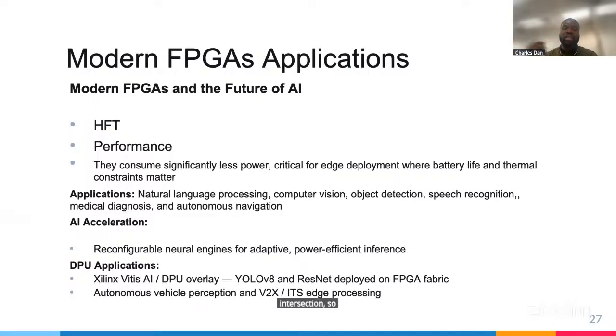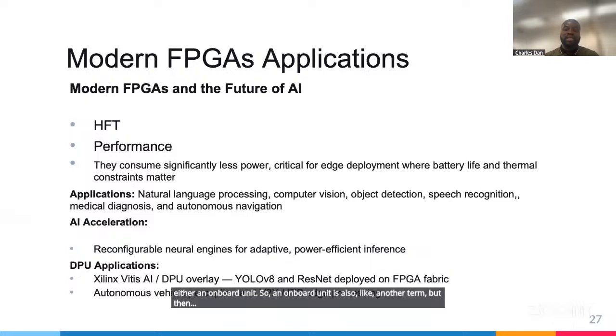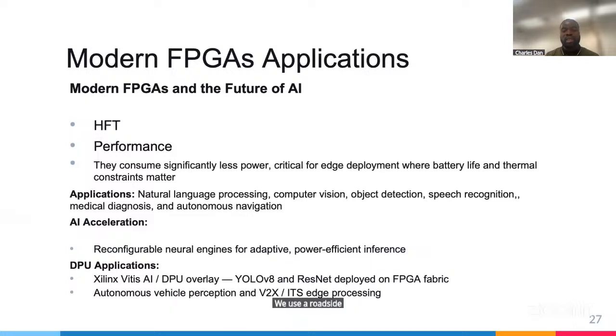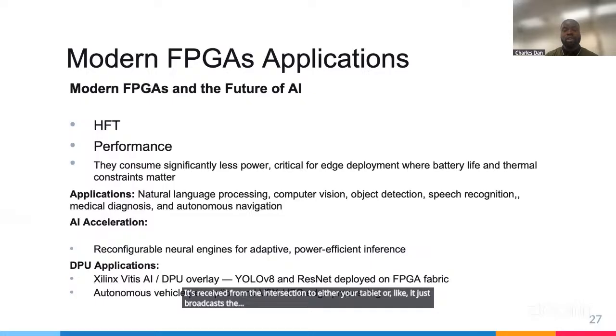It communicates with an onboard unit, and the onboard unit will transmit some of the basic safety messages it receives from the intersection, broadcasting them to your tablet.